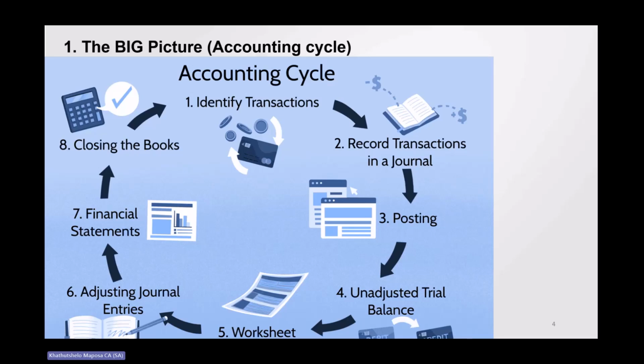Here where we identify transactions, most of the time there will be a list of transactions that have happened. ABC has bought 1, 2, 3 from DEF, etc., etc. That is the step of identification of transactions, and it also includes the source documents. This is where things start.